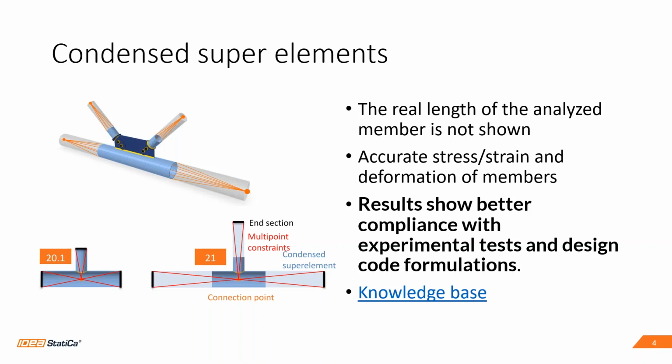With this new formulation, we got better compliance with experimental tests and design codes, and accurate stress, strain and deformation of members in the main model we are focusing on. I'll put this presentation on the website of the webinar so you can go to the knowledge-based article of IDEA StatiCa to learn more about the condensed superelement.